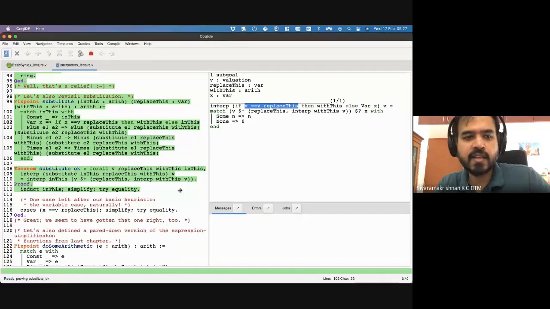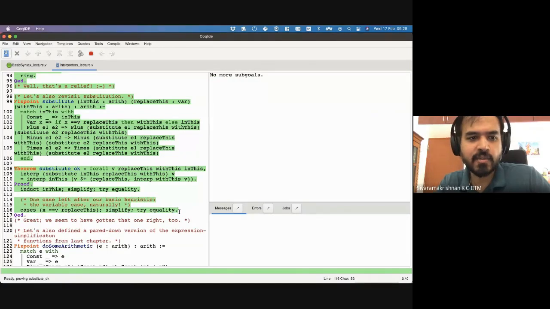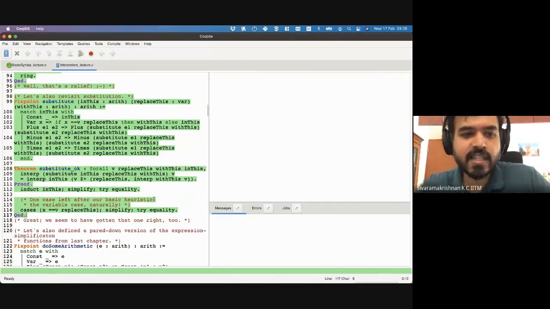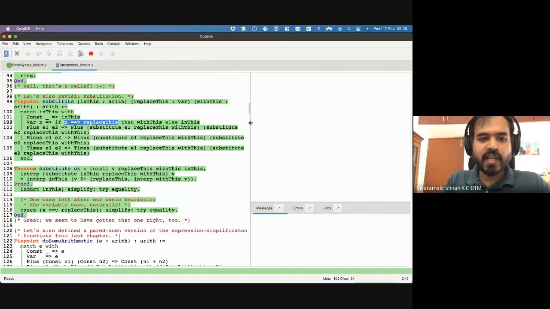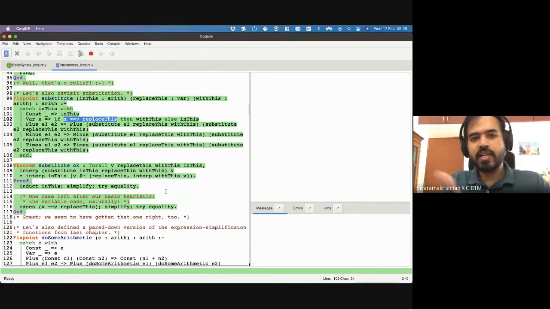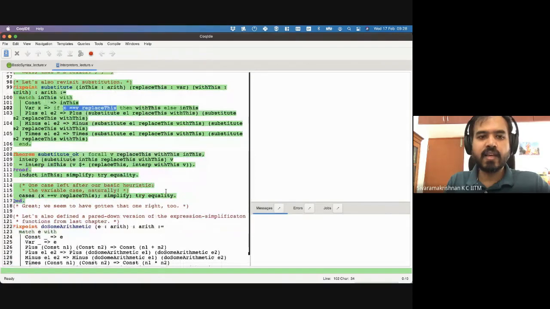So we do cases, and then we simplify and try equality. This proof goes through. I think the proof itself is not interesting, and the only place where you need to do anything interesting is exactly the place where substitution matters, which is the variable case. You can go through the proof in detail, but that's the simplified proof.